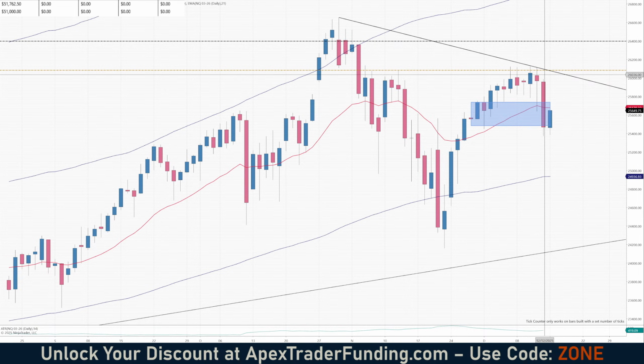But that strong resistance area is still all the way up at 26,081. It's a different price level now because, as I've explained earlier, we've switched to the March future expiration. So price levels are going to look a little bit different.